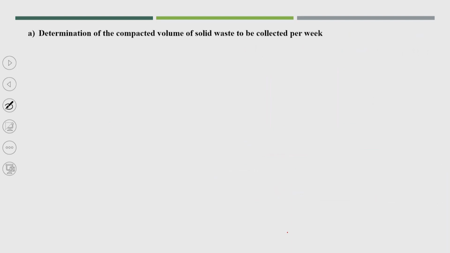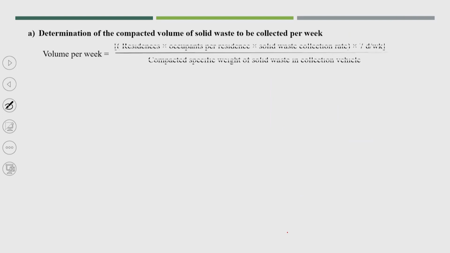Now, we will see the determination of the compacted volume of solid waste to be collected per week. We can calculate volume per week as number of residences times occupants per residence, multiplied by the solid waste collection rate and multiplied by 7 days in a week, because collection is once a week, and divided by the density or specific weight of solid waste in the collection vehicle.